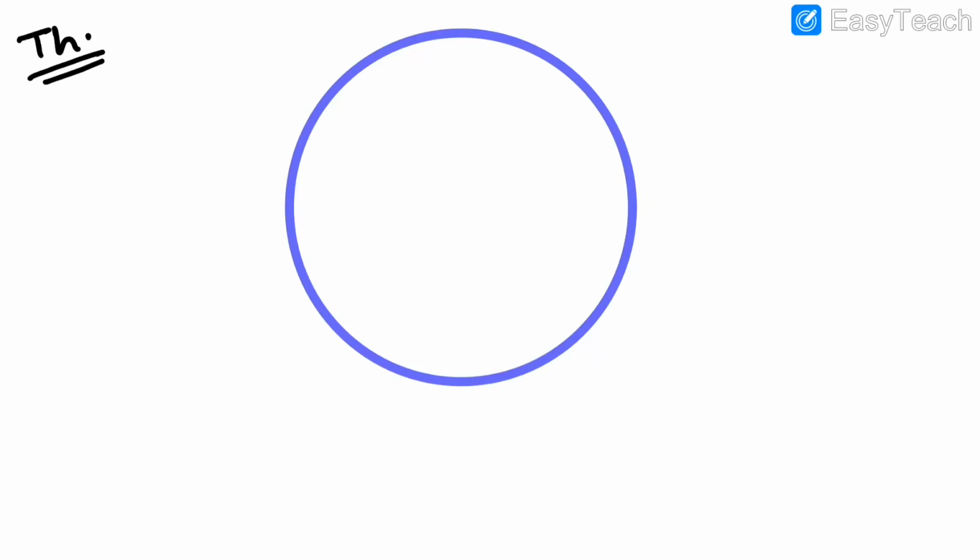Okay, so one of the theorems will be that when we draw any perpendicular line, let me draw a chord first. So this is one chord of the circle. Okay, let me show its center. This is the center.